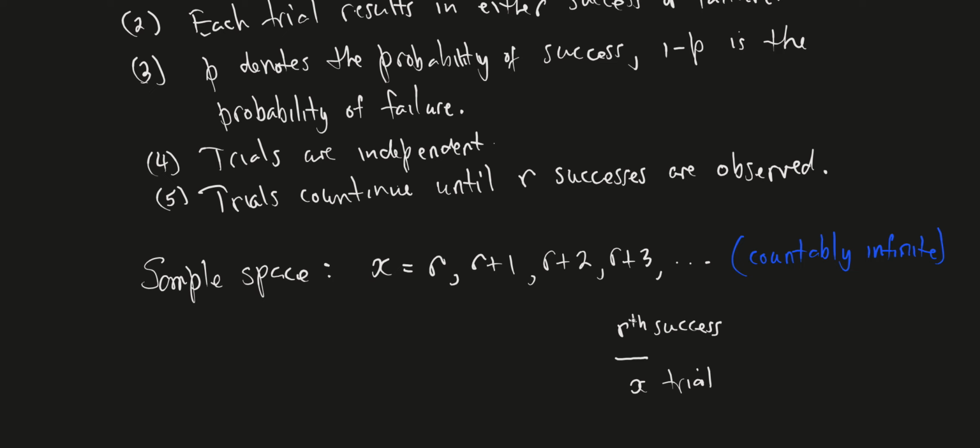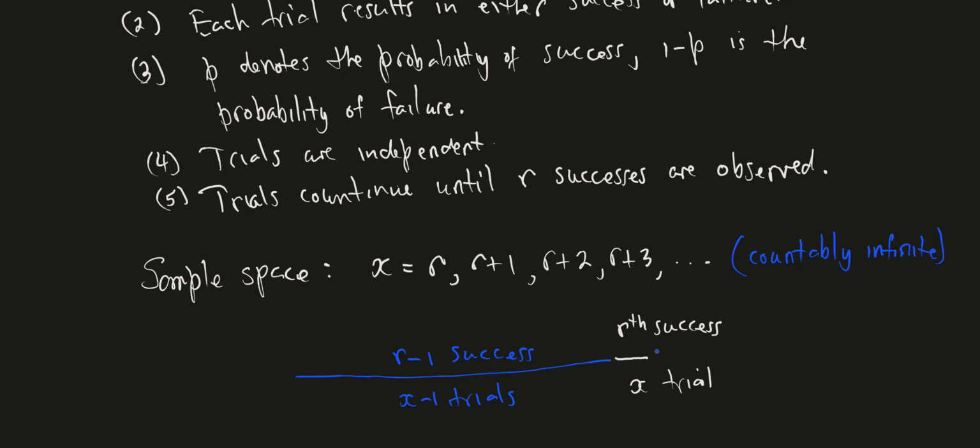Well, in order for this to happen, it means in the previous x minus 1 trials, I would have to have observed r minus 1 successes. So in all the other ones leading up to this, I would have to have x minus 1 trials, and in those I would have had to observe r minus 1 successes.